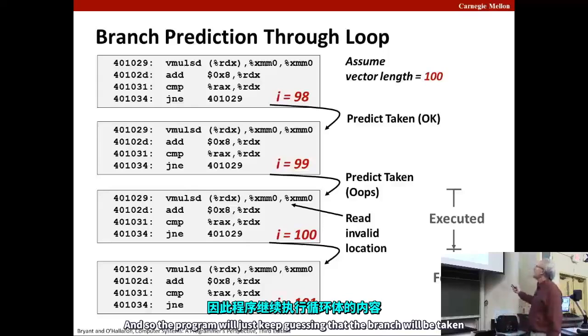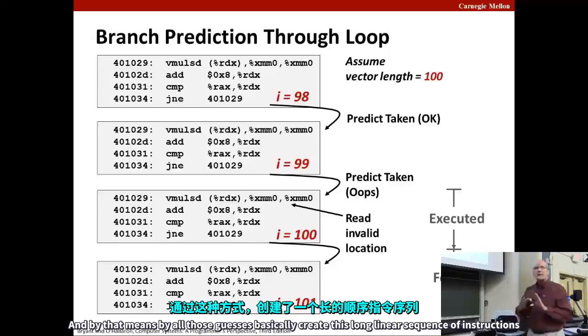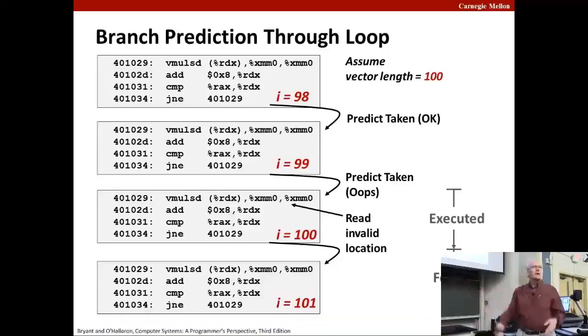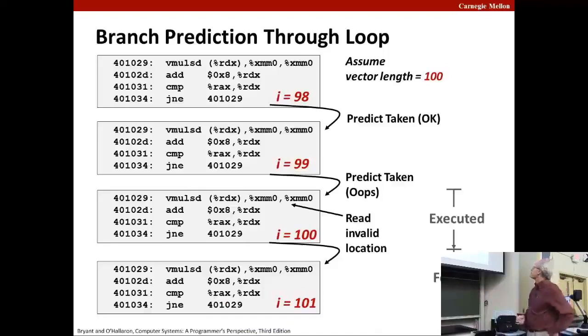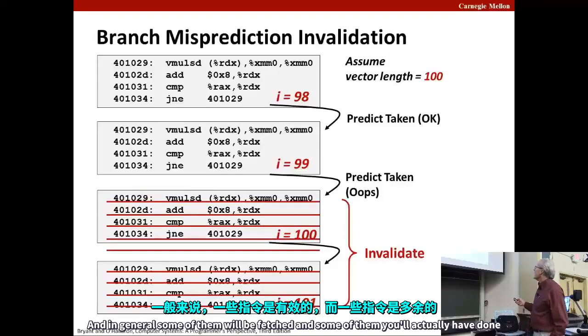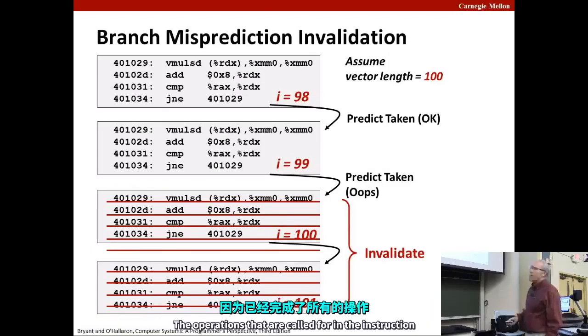And so the program will just keep guessing that the branch will be taken. And by all those guesses, basically create this long linear sequence of instructions that can be pulled in and executed. And in general, some of them will be fetched, and some of them you'll actually have done the operations that are called for in the instruction.